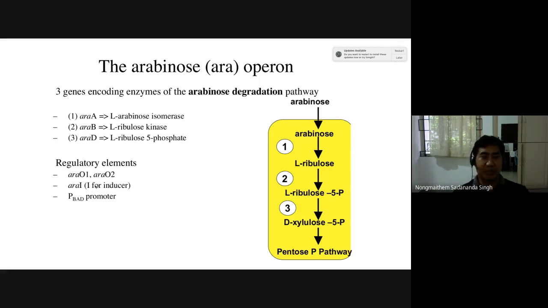And then the PBAD promoter, that will be analyzed in the next slide. So what needs to be noted is, to utilize arabinose, you need to look at the operator regions and inducer elements, that is I1, I2, O1, and O2, and the PBAD promoter.